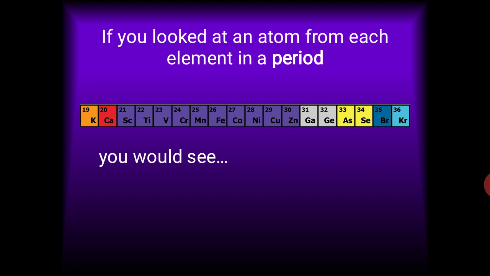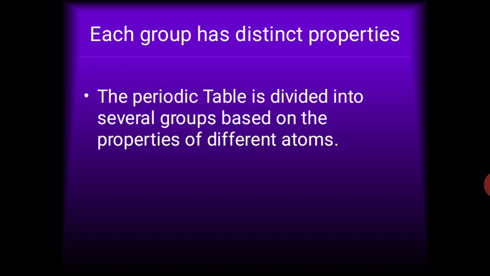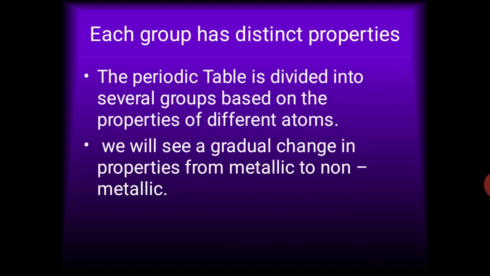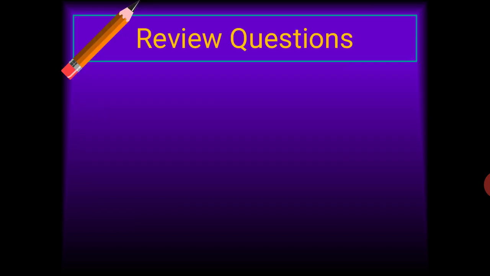That's why they are placed in a group. Then if you look closely at a period, shown horizontally from left to right of the periodic table, you will see they show distinct properties. You will see a gradual change in properties from metallic to non-metallic. About metallic and non-metallic we will discuss in the next lecture.